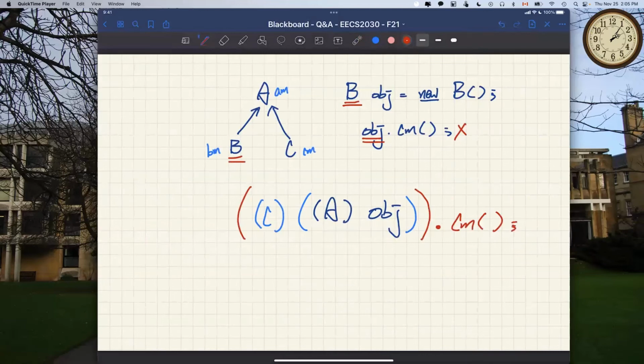Okay. So this will actually compile, funny enough. The reason that it will compile is like this. You can look at just this part over here. This part is basically casting from B to A. So this is upward casting.